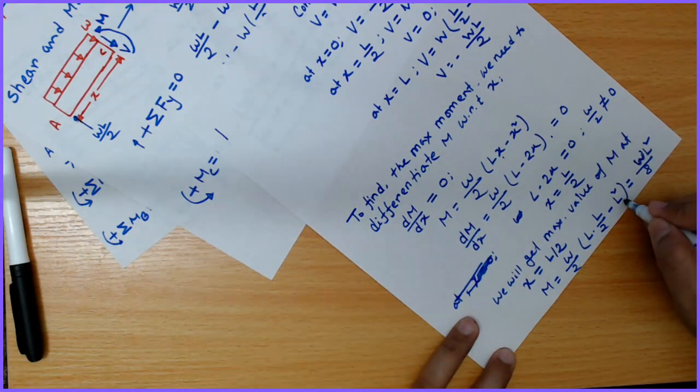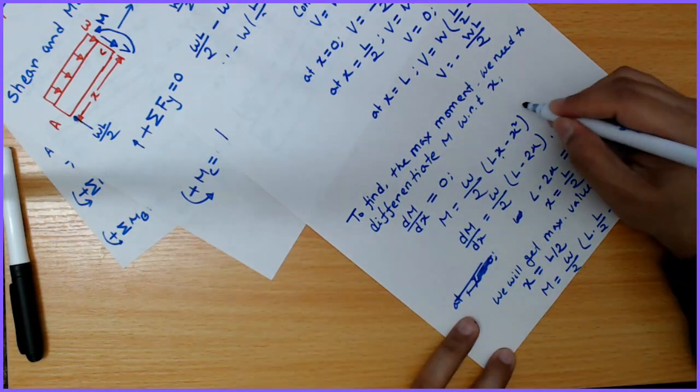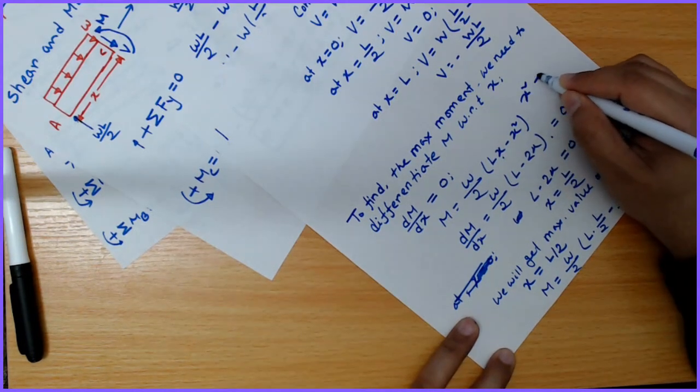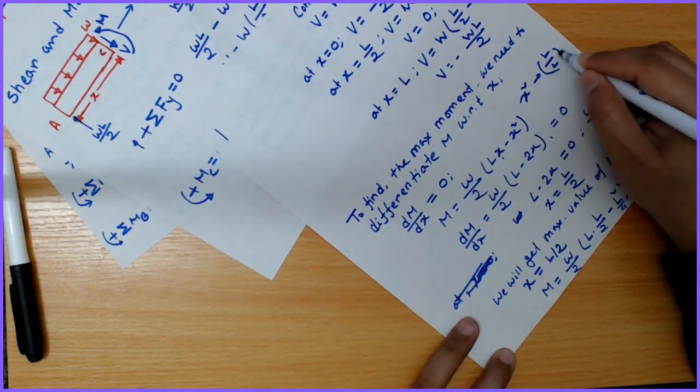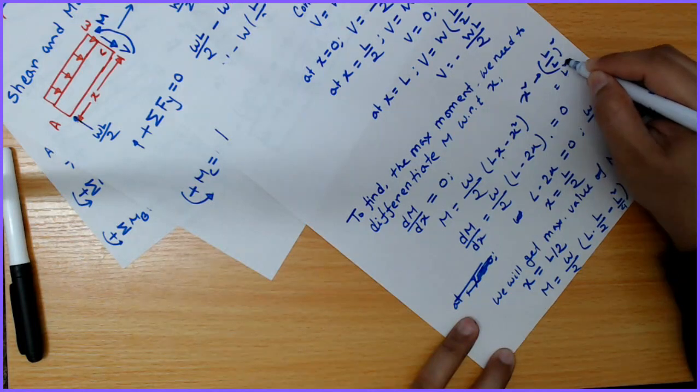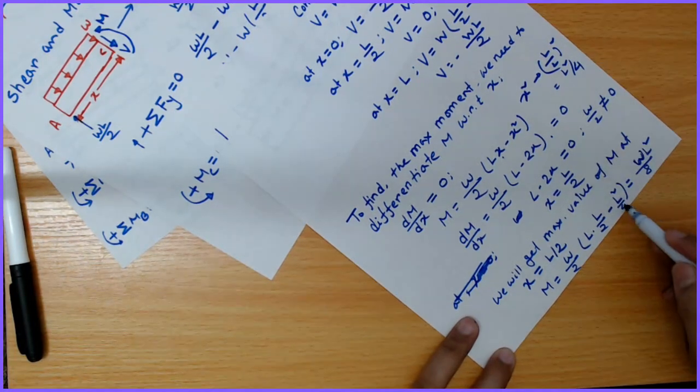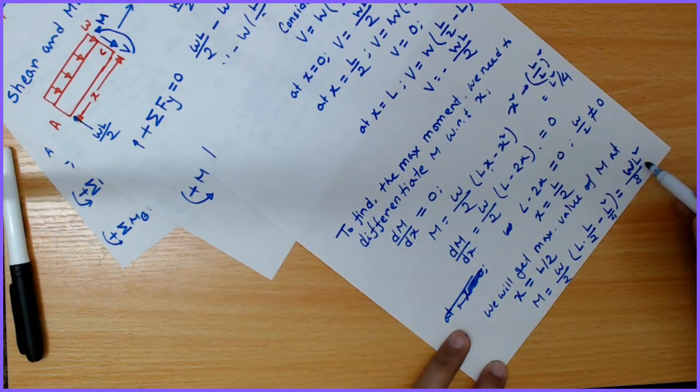This is L square by 4 actually, because x square, if I replace x square is equal to L by 2 squared, that means L square by 4. So that is wL square by 8.